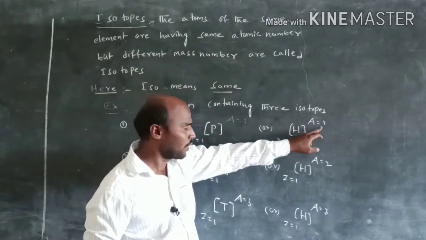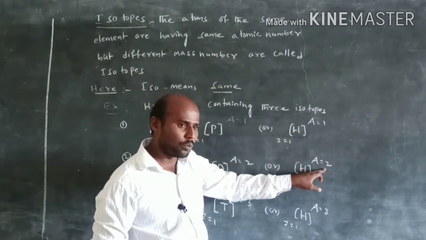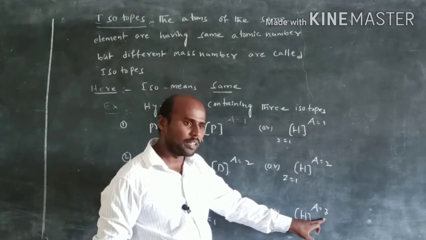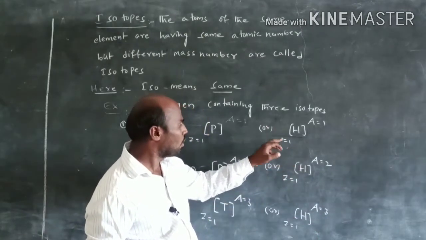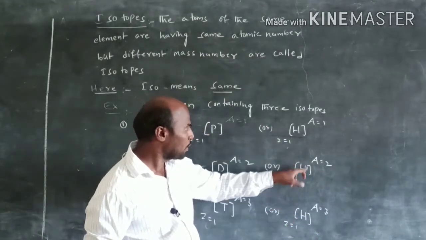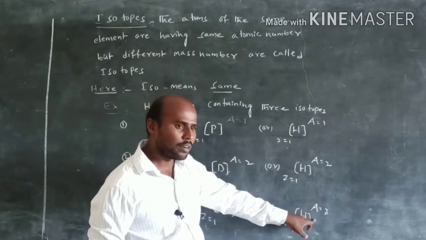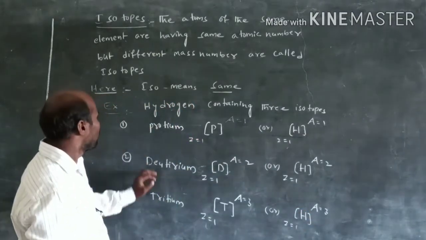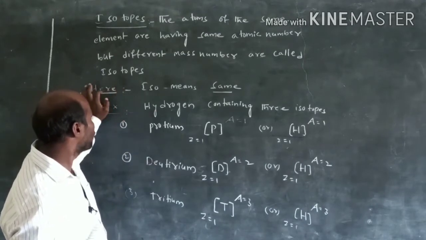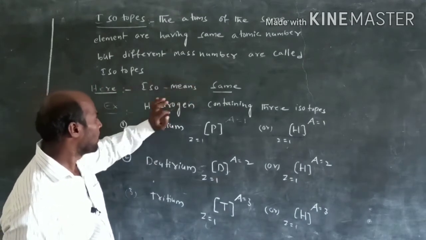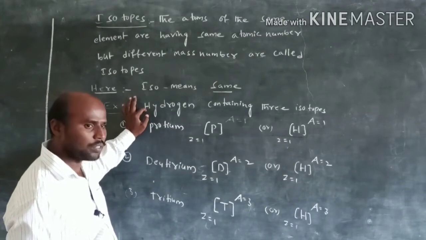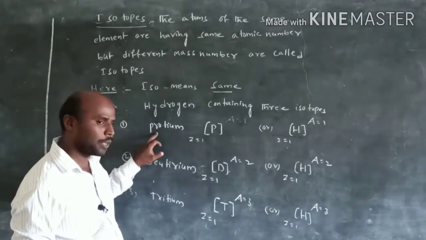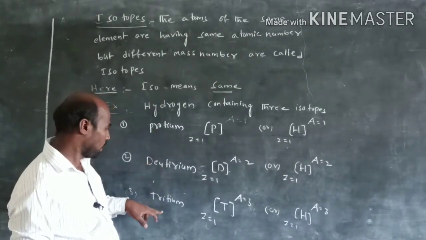Mass number here 1, here 2, here 3. That means same atomic number but different mass number are called isotopes. Iso means same. Hydrogen contains 3 isotopes: protium, deuterium and tritium.